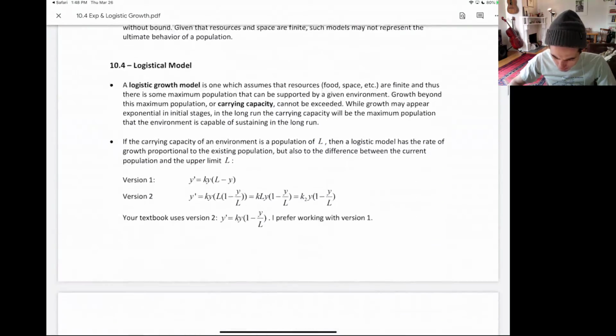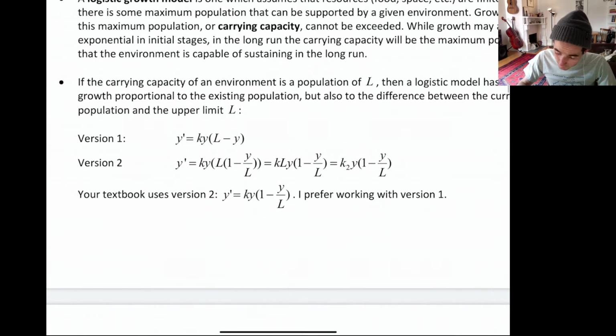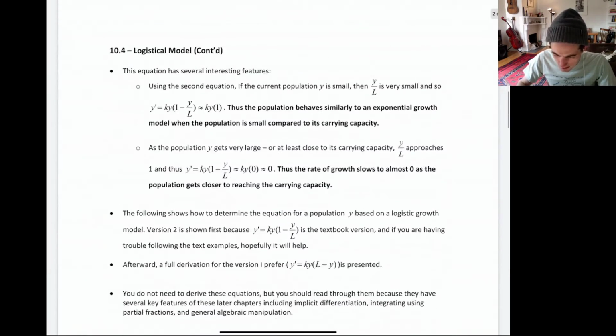Mr. McIntosh talks about the different versions of these formulas. Apparently he prefers working with the other version, but again, it's the same formula, so it doesn't really matter which one you prefer. What matters is that they're the same, but you should be able to go back and forth between the 2 versions.